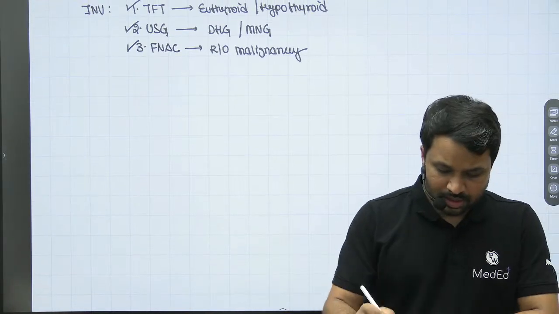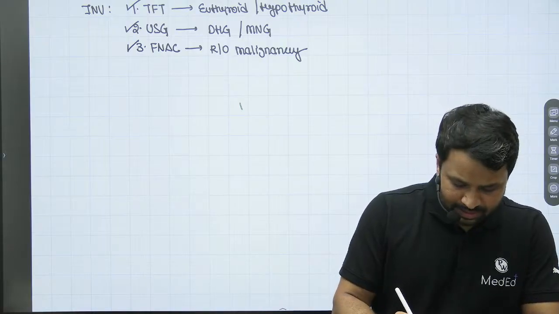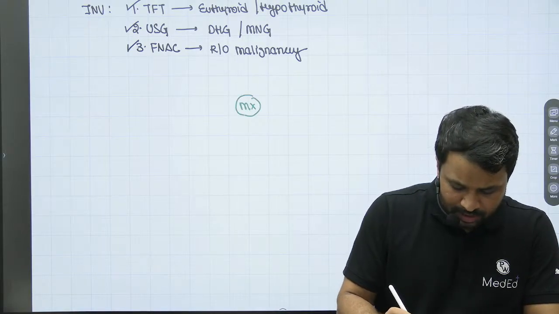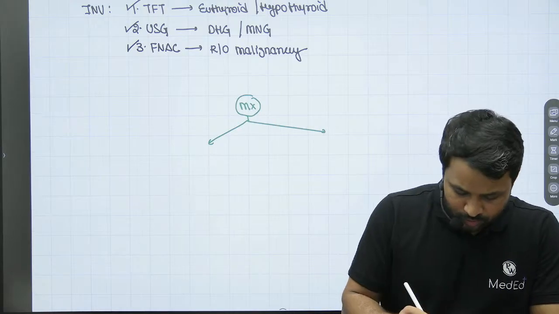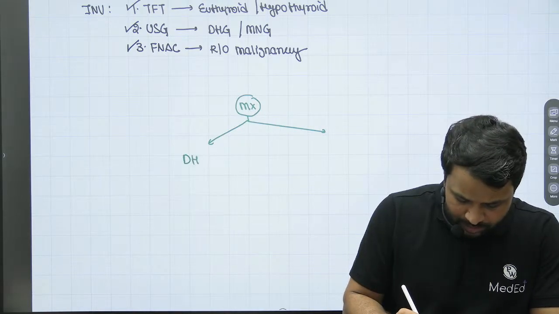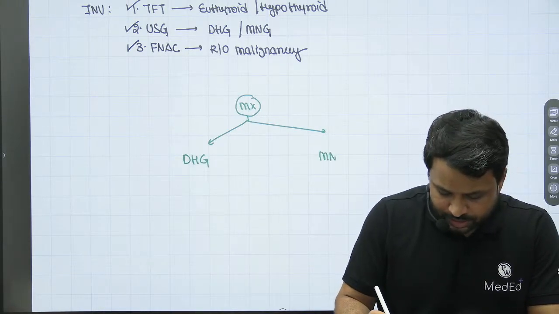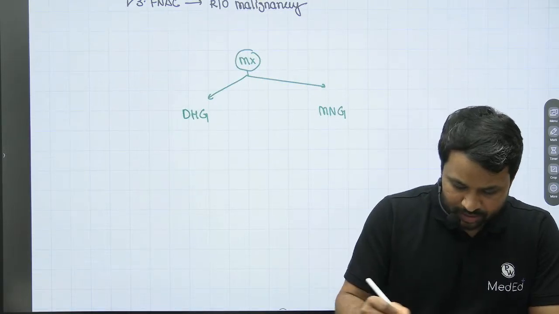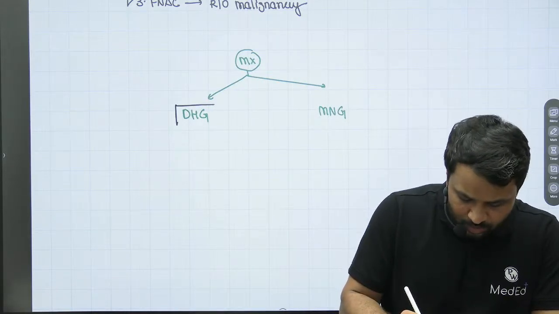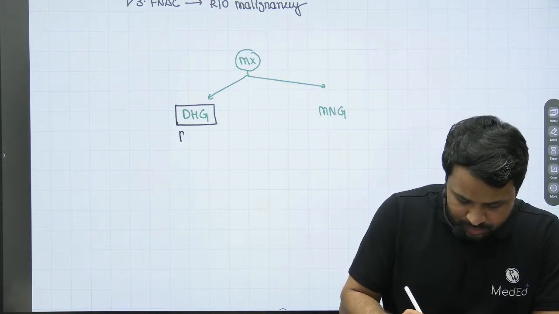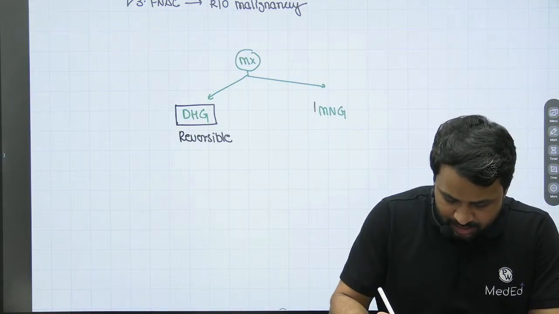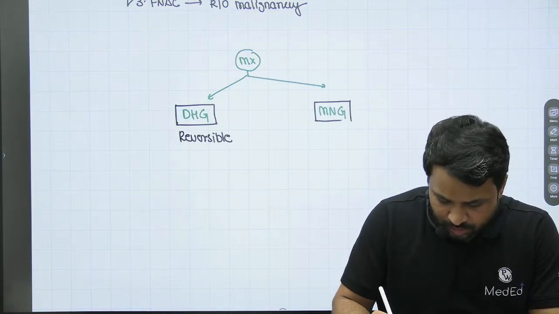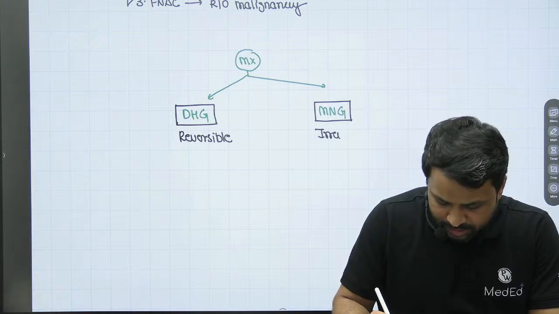Now once you have made the diagnosis, the management depends on whether the patient has a diffuse hyperplastic goiter or a multinodular goiter. We all know diffuse hyperplastic goiter is a reversible state, whereas multinodular goiter is irreversible.